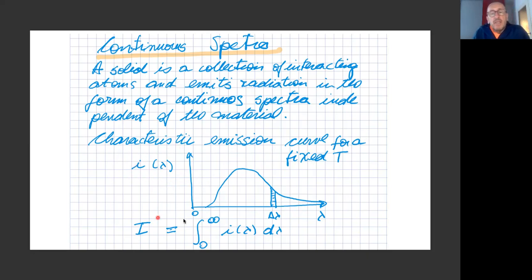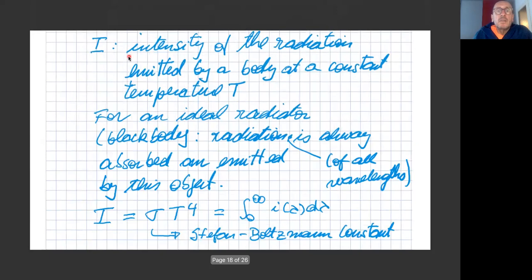Okay, if I add up all the contributions for all the lambdas, meaning the area under this curve, what I get is the total intensity emitted by an object which is at a certain fixed temperature. I is then the intensity of the radiation emitted by a body at constant temperature.